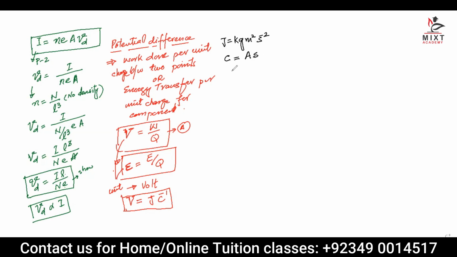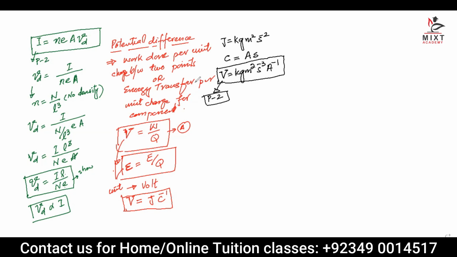So if you combine them, the volt will be equal to kg meter squared per second cubed per ampere. This MCQ also comes into the paper, and this question also comes in paper 2, first question: prove the volt in base units.